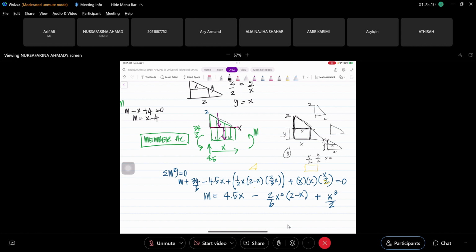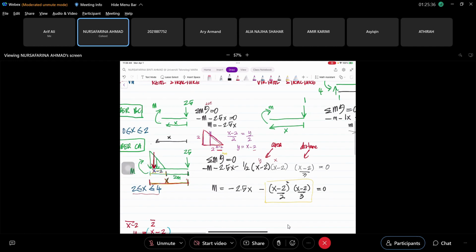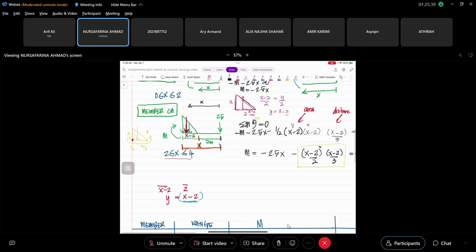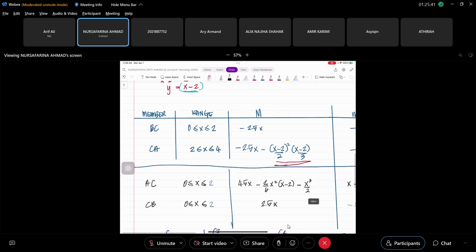Betul lah. Sini adalah y, adalah x. Sebab sini tinggi dia 2. So y equal to x. Okay. So this is 1. This is right hand side. Okay. So I akan dapat macam ni.